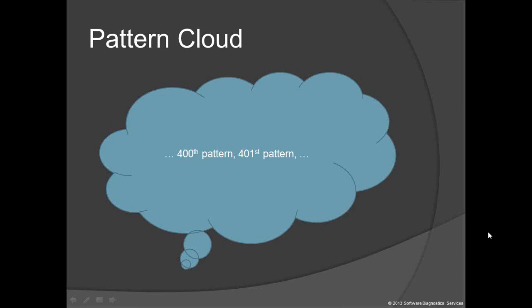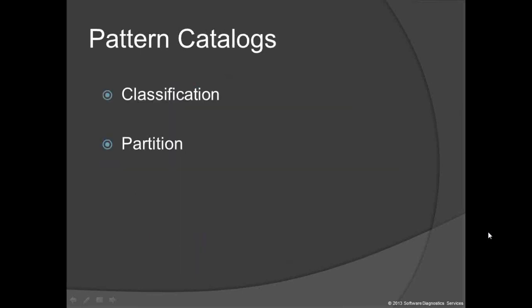One way to make this cloud helpful is to have several pattern catalogs. A pattern catalog is just a collection of patterns according to some criteria.